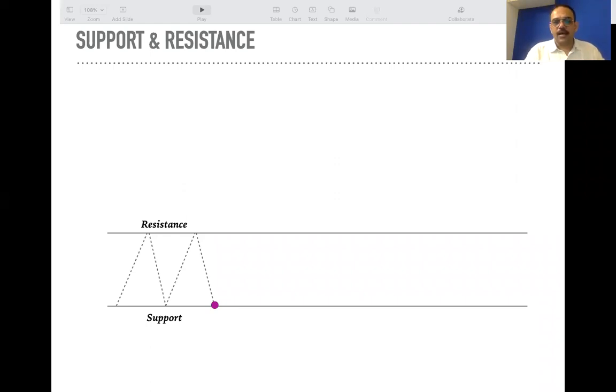Yes, we will add those concepts to support and resistance to make our technical skills sharper. So it goes to that resistance level where people think, no, no, it is overbought, it has become too costly, I will not buy above this, and that is where it starts falling.